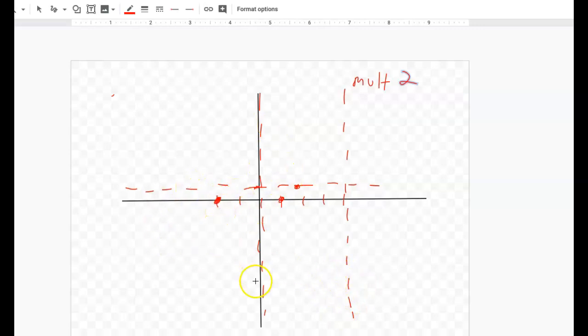And then at x equals 0, it's going to be approaching from opposite infinities. And since we have a point here, let's take a step back. At 1 it's multiplicity 1, so it has to cross.